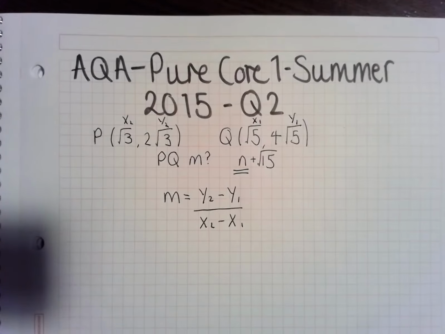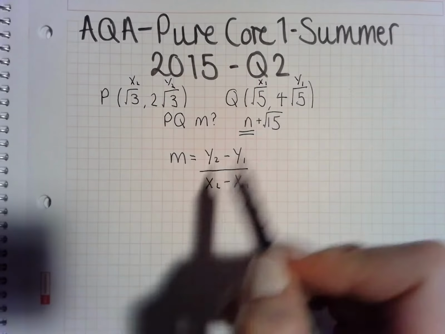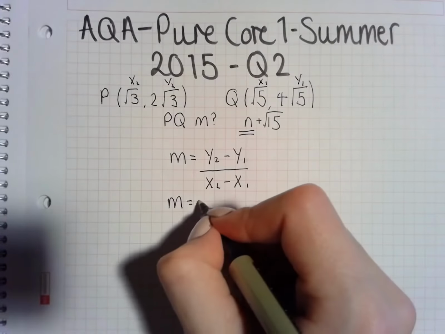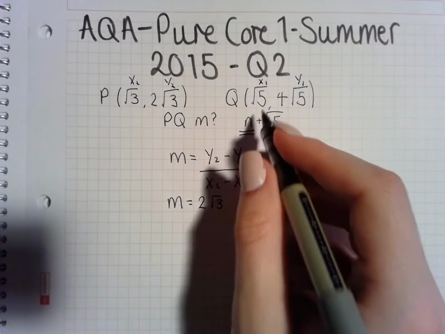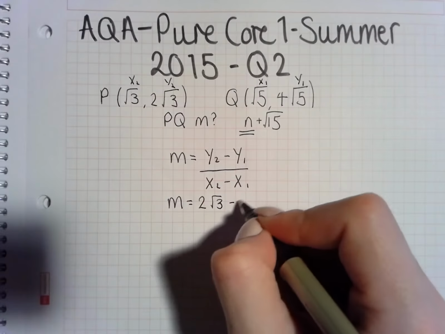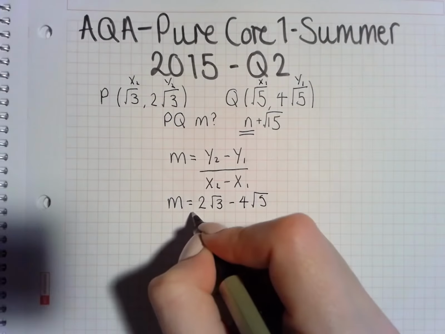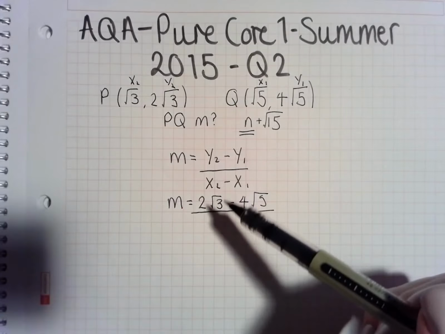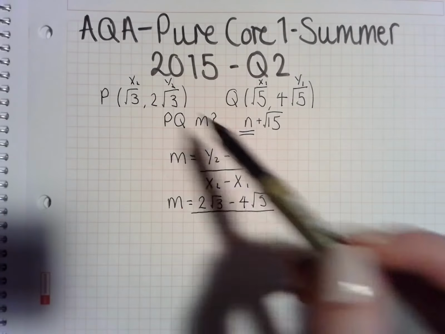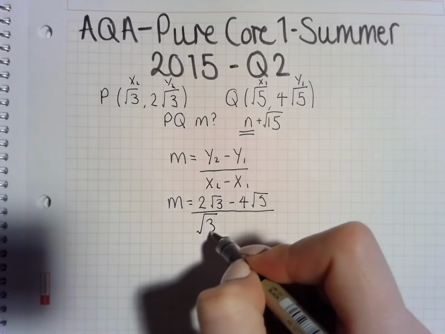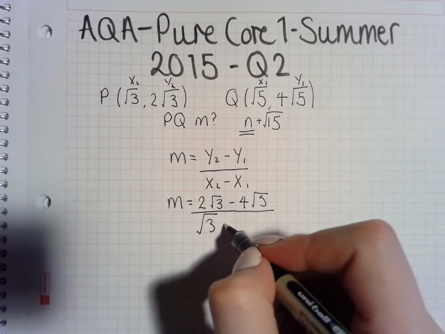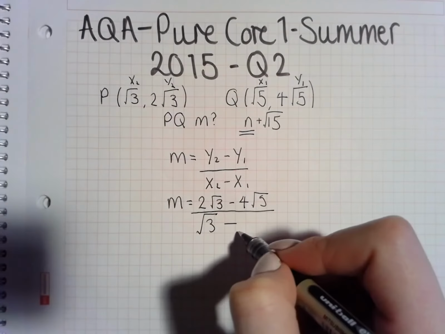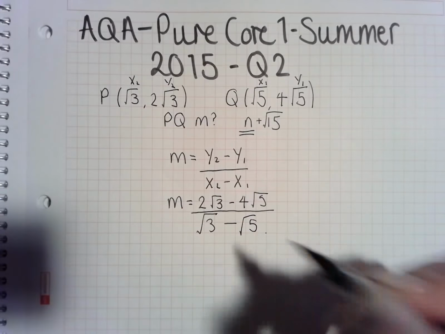Okay, so let's just sub these coordinates into this equation first of all. So m equals y2, so 2 root 3, minus y1, which is 4 root 5, divided by x2, which is root 3, minus x1, which is root 5.